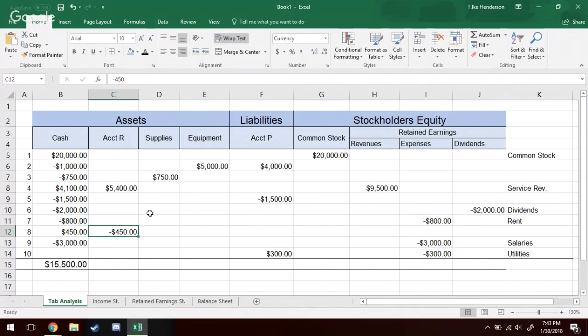And later on, subtracting $450. I'm guessing that is when the client eventually paid up some of it. So if you take the $5,400 from the earlier transaction and subtract the $450, you should get $4,950.